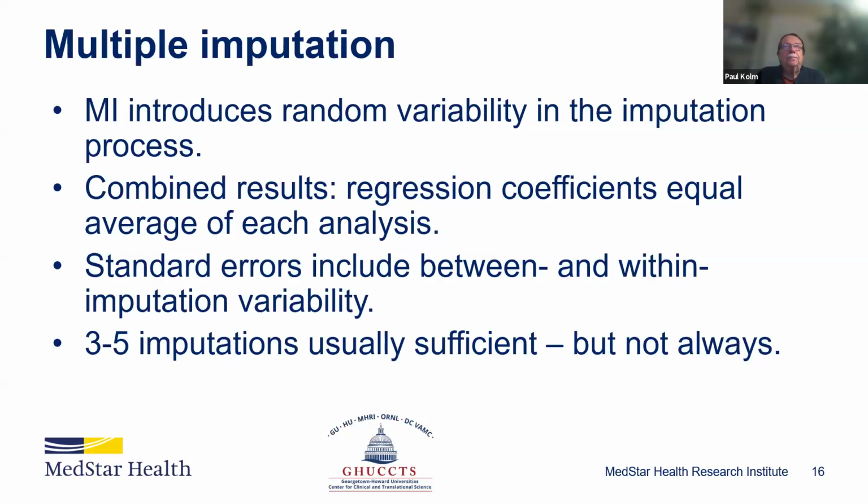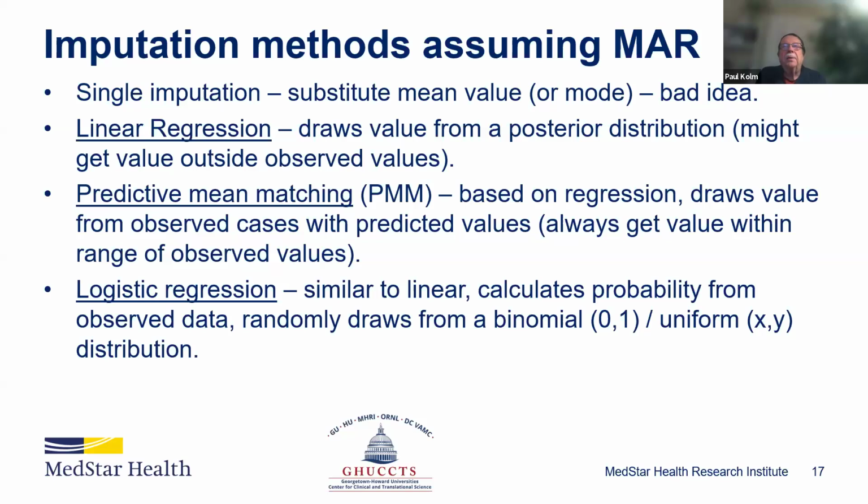So assuming that the data is missing at random, then as I've indicated before, doing single imputation is not really optimal. In fact, most of the time it's a bad idea because you're going to bias your results. As mentioned, linear regression draws values from some known distribution like the normal distribution.